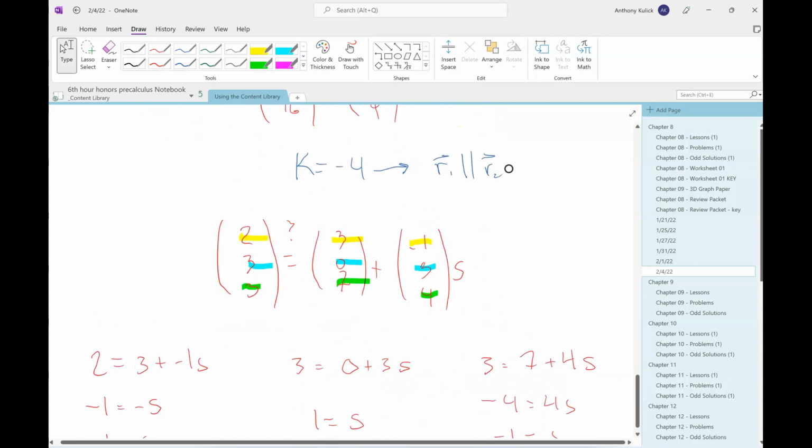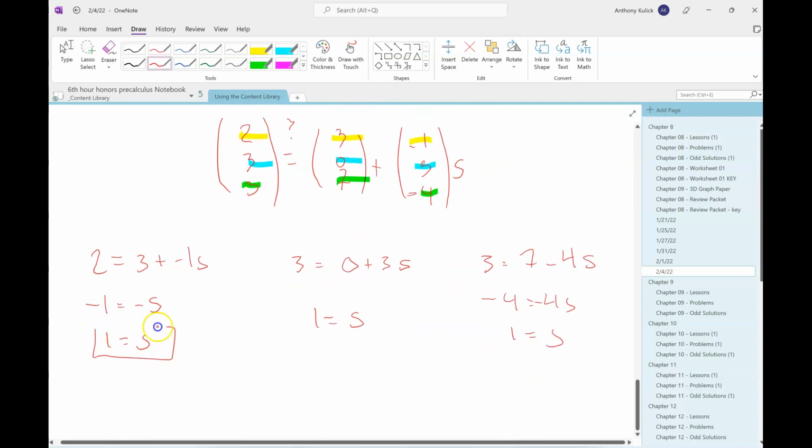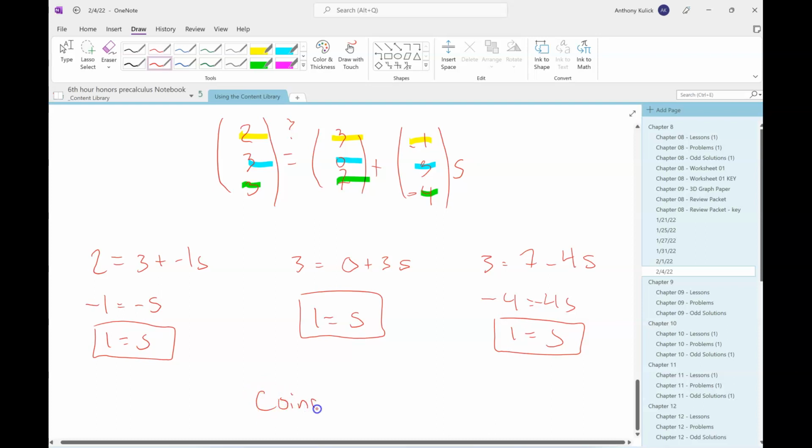Oh, this was -4. I just copied it wrong. So I did get the same value for S every place, correct? What does that tell me then? Yeah, so these are coinciding, right?